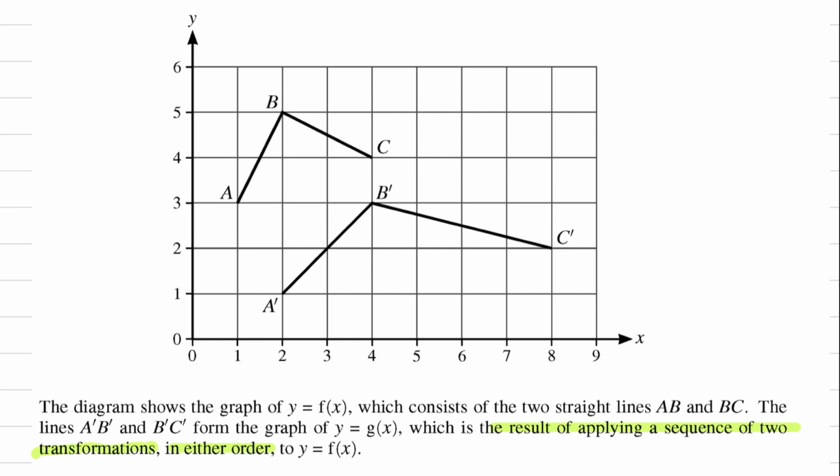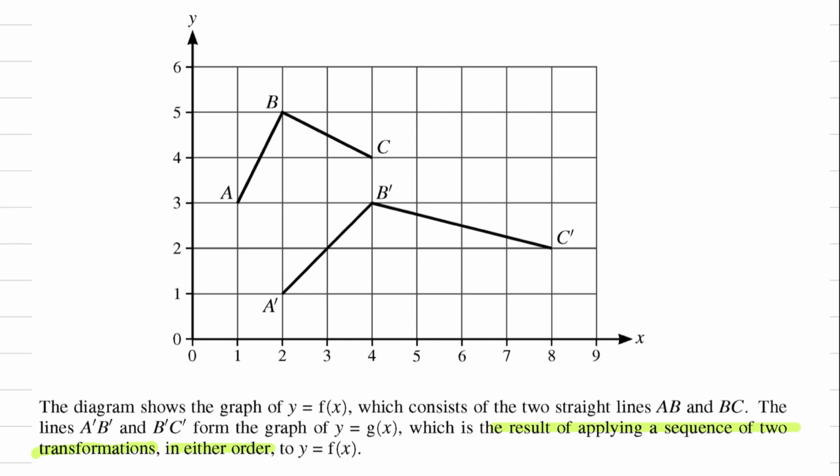State fully the two transformations that we have. Okay guys, let's look at this function. In this function we have ABC, this is the original one, and we transform it. We apply two transformations, it becomes A dash, B dash, and C dash.